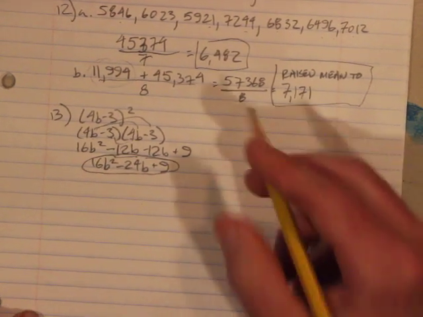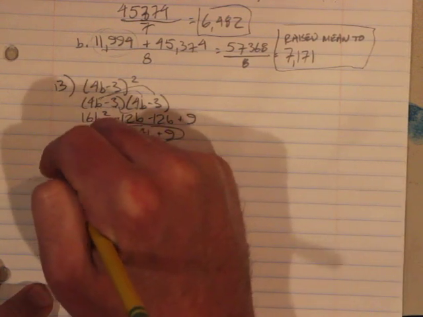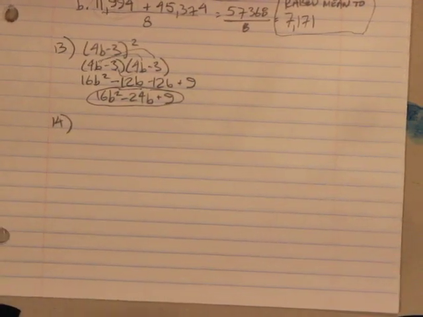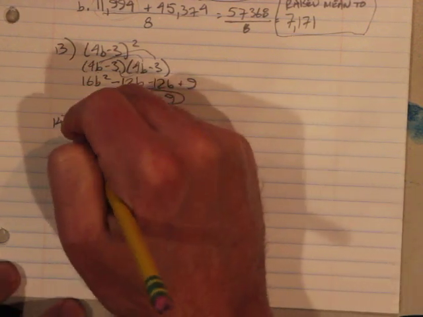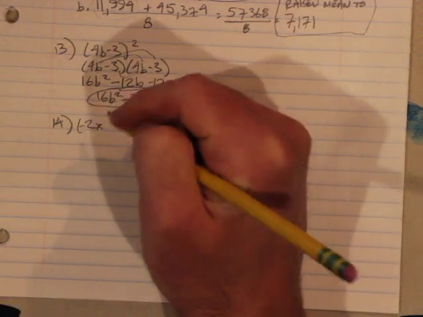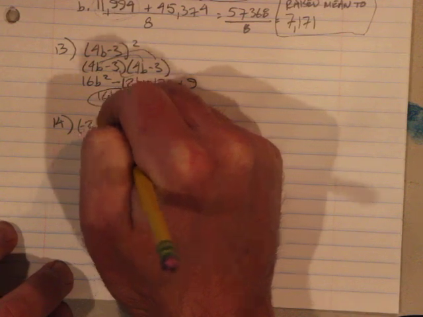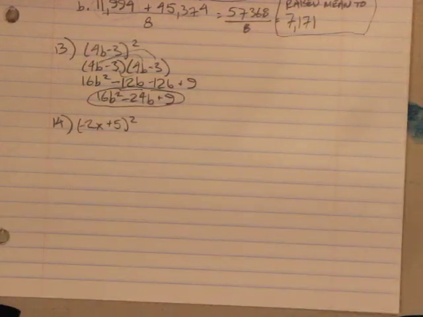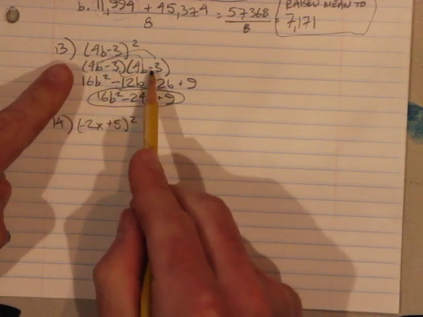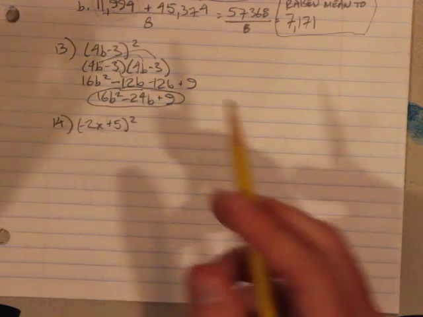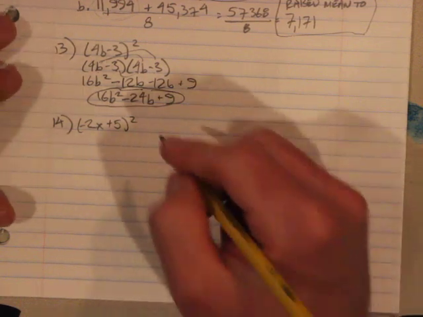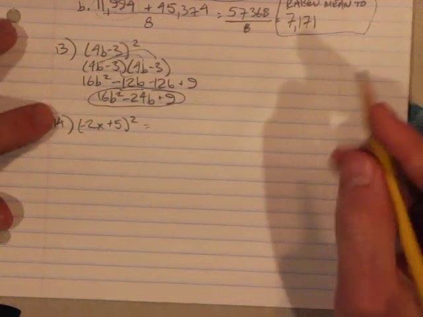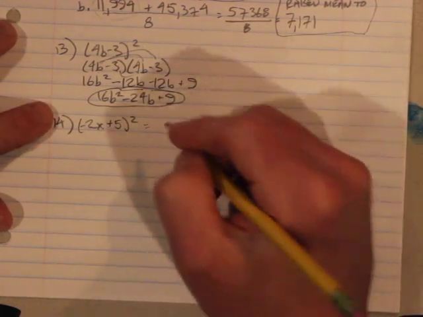Number 14 now. For number 14, we have negative 2x plus 5 squared. For this one, we could use the same method that we just used, or we could use the distribution method, and that's the way I'm going to do it, just to do one way and then the other way.